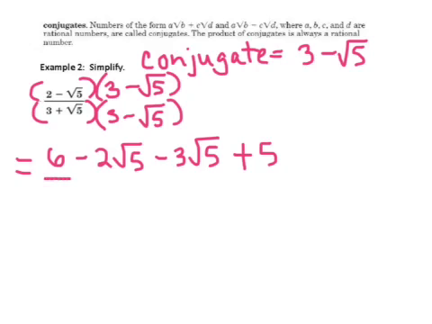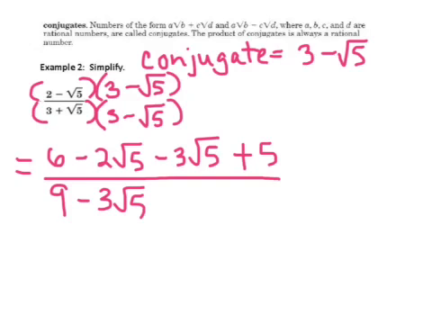for our last product. Let's follow our steps again in the denominator for the FOILing process. A 3 times a 3 is 9. The outer product of 3 and negative root 5, we get negative 3 root 5.